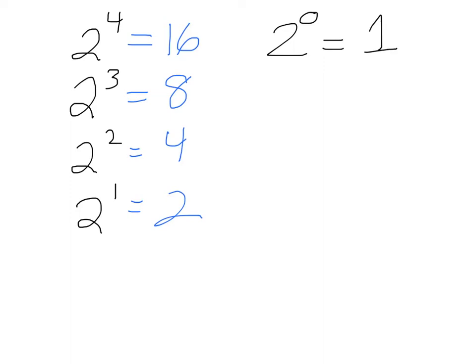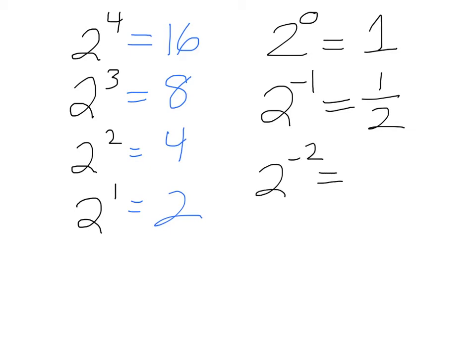Now, if I gave you 2 to the negative 1st, what would you think that is? That is a half. What about 2 to the negative 2nd? A fourth. And how about 2 to the negative 3rd? An eighth. Now, we're not going to go to the 16th for a second, but just hold on.